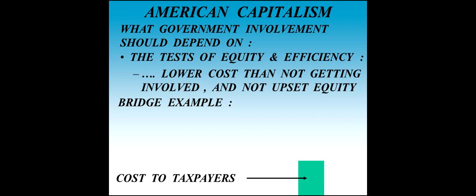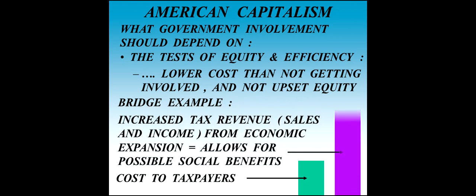What the bridge should be able to do is to promote enough commerce and extra business so the society can grow. And as a result of the growth, the government would be able to bring in additional tax revenue from sales and income taxes to fuel further economic expansion and allow for possible social benefits.